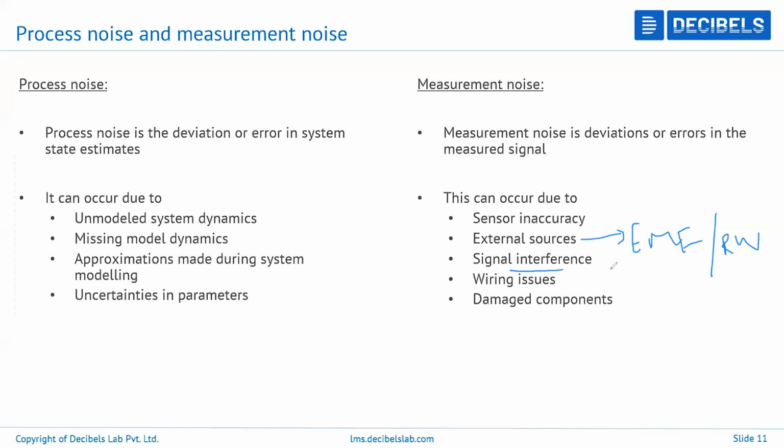It can also have signal interference because of electrical interference, wiring issues or damaged components. Even this can cause measurement noise. So process noise purely has to deal with the system, and measurement noise purely has to deal with the sensors. This is the difference between the two types of noise, and both have to be considered while designing a filter like the Kalman filter.